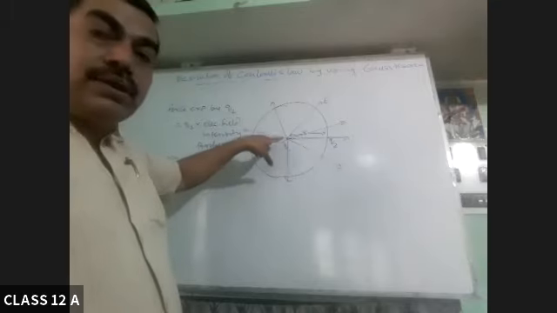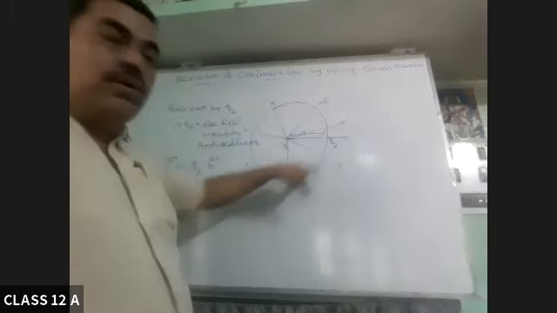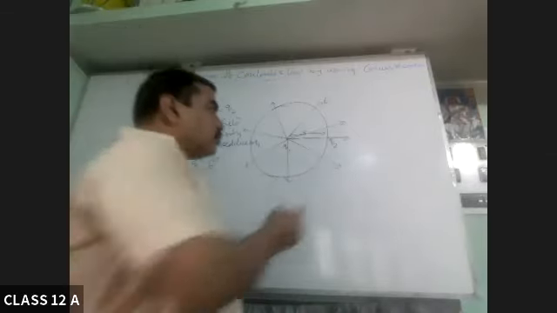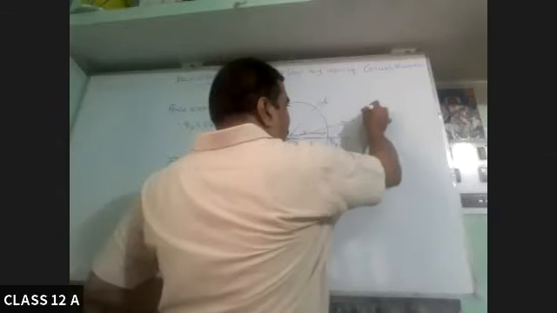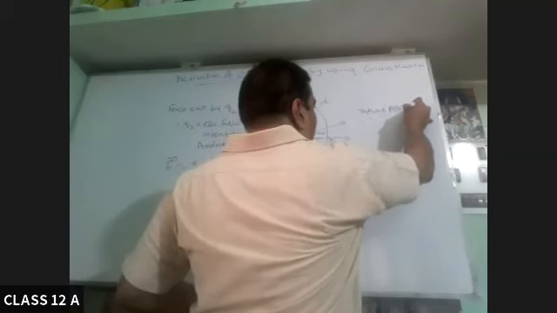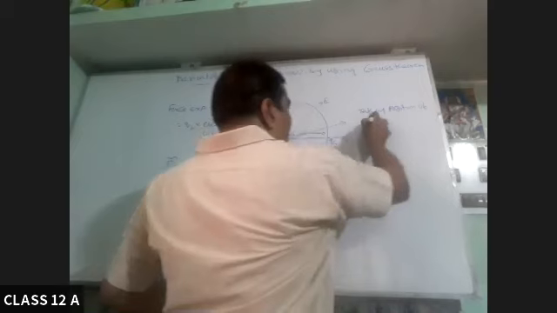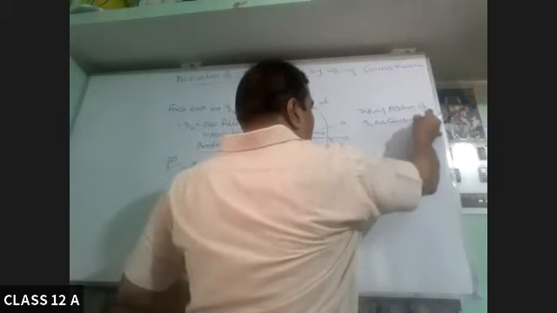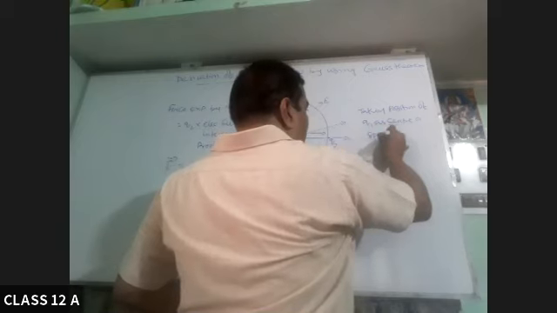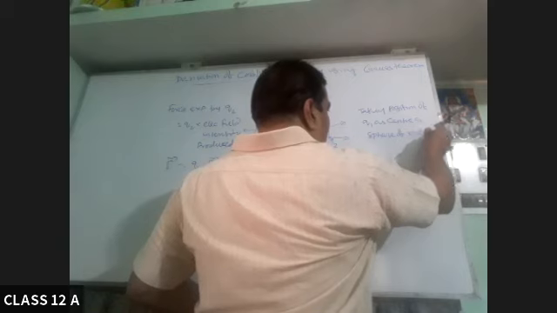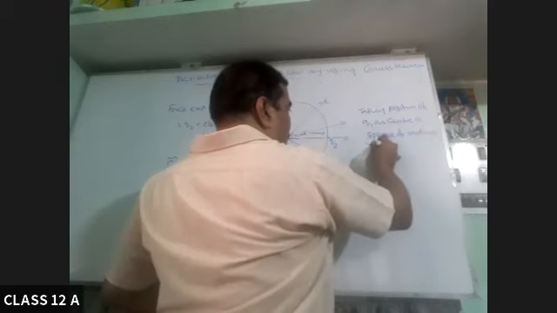Taking this Q1 as center, we have drawn a sphere. So taking the position of Q1 at the center, a sphere of radius R is drawn.